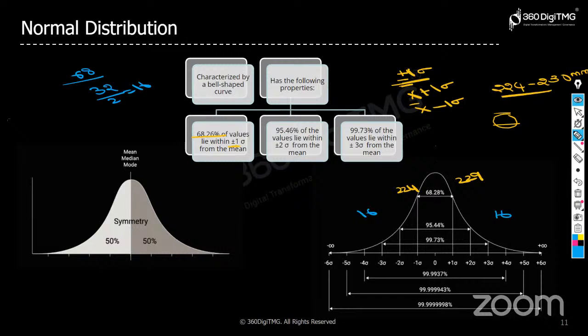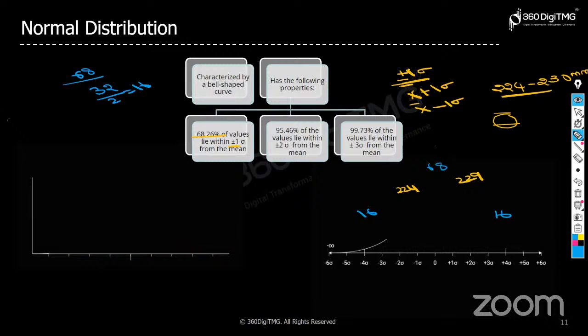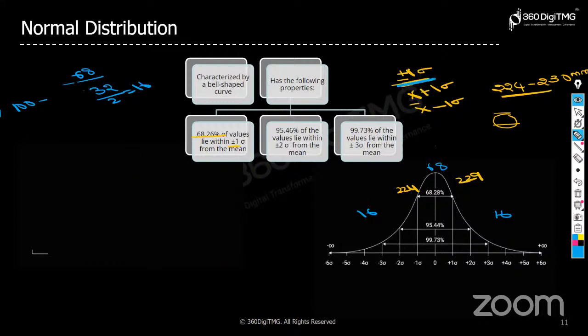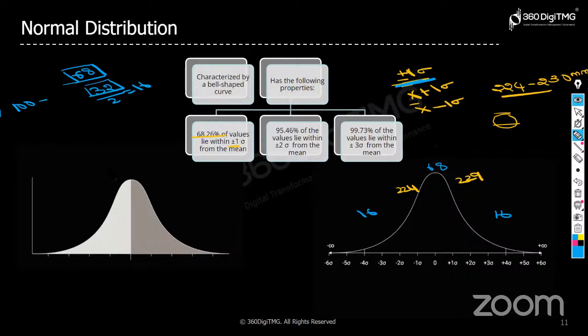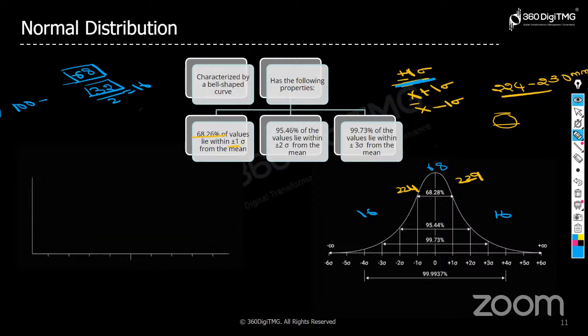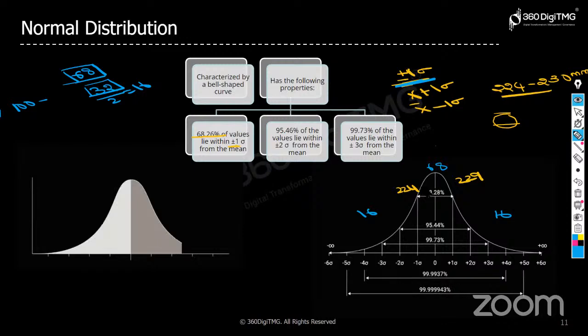So out of 100%, when we are taking plus or minus 1 standard deviation, 68% are satisfying the customer requirements, and the remaining 32% is divided into 2 equal parts because this is normally distributed data, which means the left and right have the same values. So 16 are present on left and 16 are present on right.